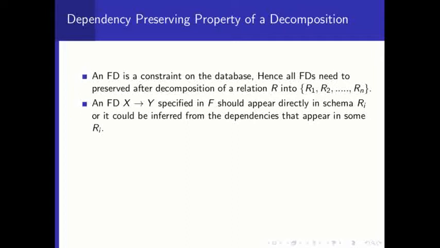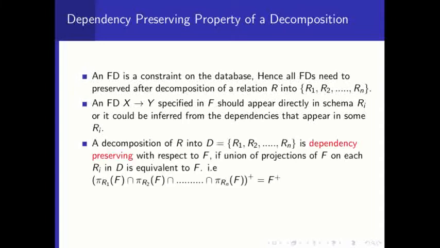An FD X determines Y specified in F should appear directly in some schema Ri, or it could be inferred from dependencies that appear in some Ri. What is the meaning of that? The property required is that a decomposition of R into R1, R2, up to Rn is dependency preserving with respect to F if the union of projections of F, meaning the dependencies on each Ri in D, is equivalent to F. R1 is a decomposed relation, F means dependencies.